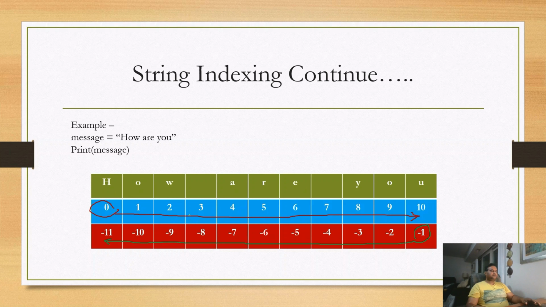Whereas from right to left, starting with -1 and incrementing by -1, is what we call negative indexing. I'm hoping this concept is clear now. The blue is positive indexing, and what is mentioned here in red is negative indexing.